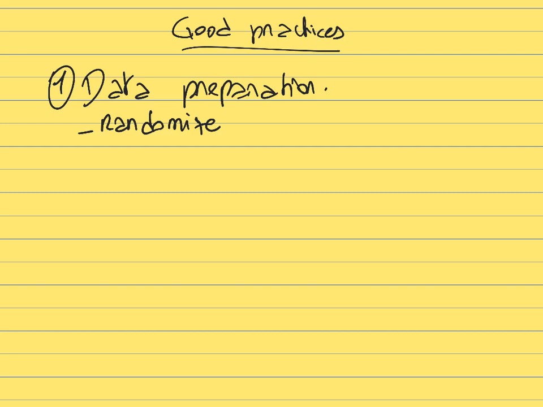Unless it's specifically what you want to do, for example if you want to test how well your model can extrapolate, you need to make sure you randomize the data so that your model can learn at the same time what happens at low temperature and at high temperature.